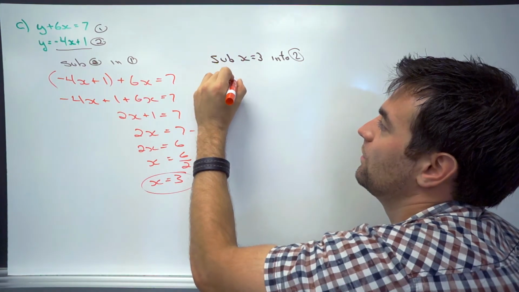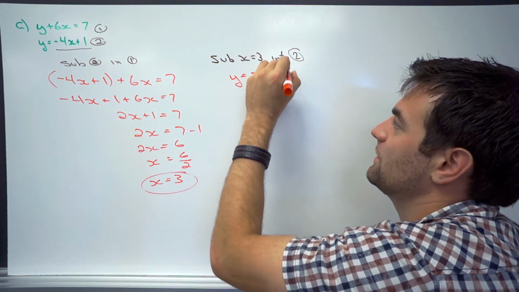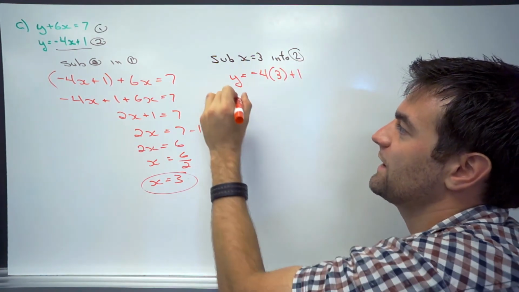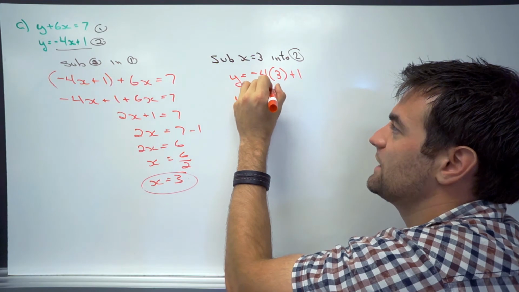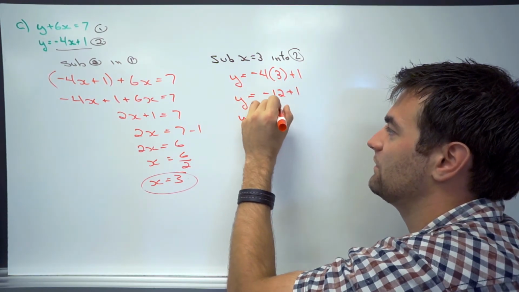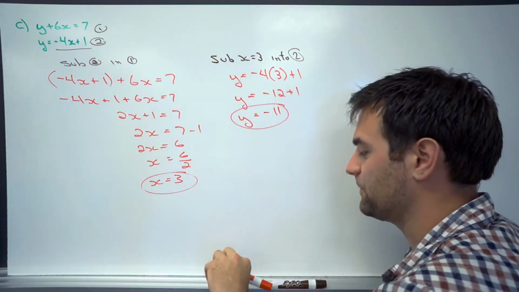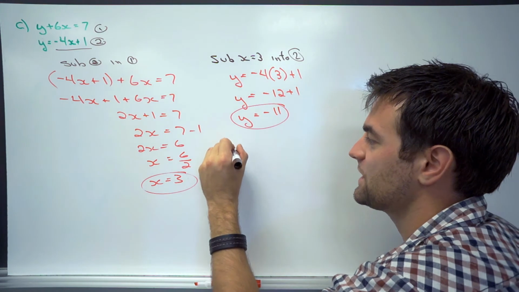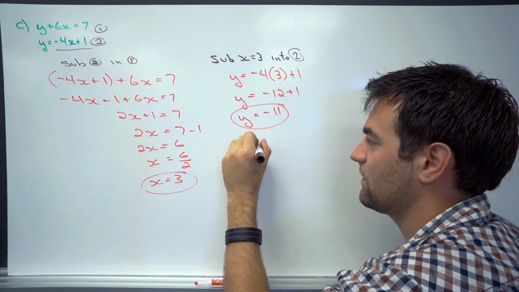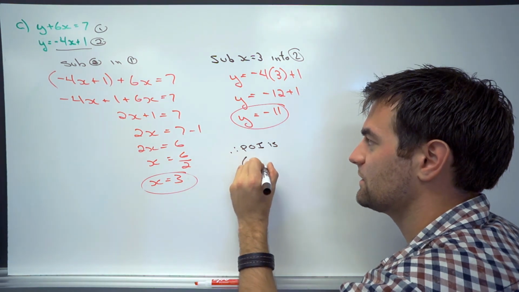So I have y equals negative 4 times 3 plus 1. So I've substituted my x in there. Y equals negative 12 plus 1, or y equals negative 11. There's my x value. There's my y value. I've now found the point of intersection. It is the x and the y.